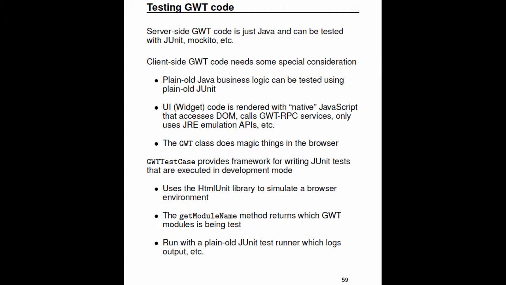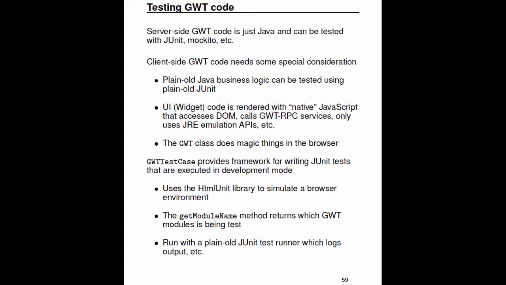So if you have just regular client-side business logic, you can test that with JUnit. But with widget code, you need to have all this stuff that provides what you have in JavaScript. Like access to DOM, calls to GWT services. Well, JRE I suppose is going to be there. And the GWT class, which does all this magical stuff in the browser.